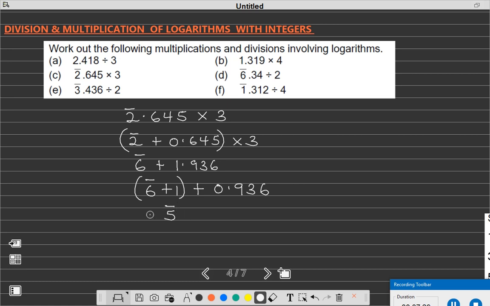We don't put a negative in front, we put it at the top. So plus 0.935. So what we do here, we are going to combine our characteristic with the mantissa, and the answer will be 5 bar 0.935.